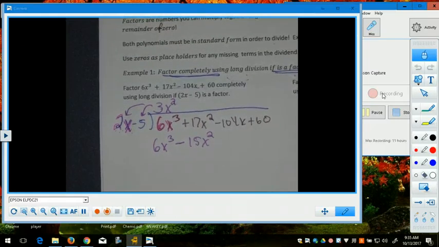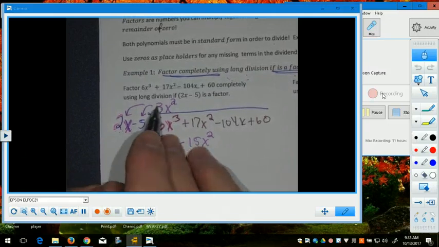Now, what was the next step when we did long division with numbers? Subtract them, right? But when we have variable expressions, people get them messed up all the time. They subtract wrong, they accidentally add, they do all kinds of things. Now, sometimes I'll have one or two people in a class who consistently get it right by subtracting. That's rarely the case.